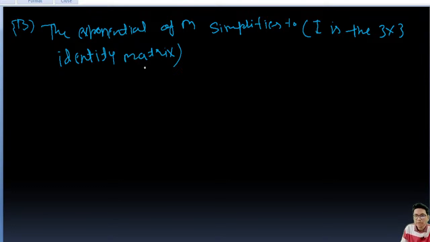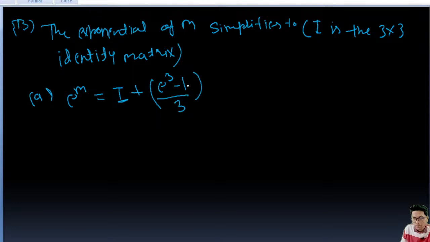Now we have to find the exponential of M, meaning e to the power M. The options are given. Option A: e to the power M is I plus (e to the power 3 minus 1) upon 3 times M. Option B is e to the power M equal to I plus M plus M square upon factorial 2.